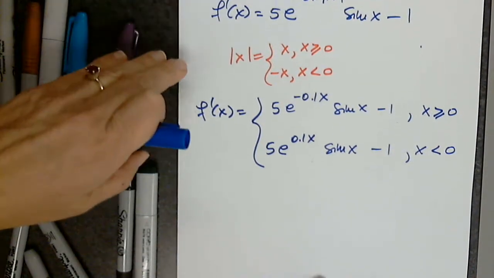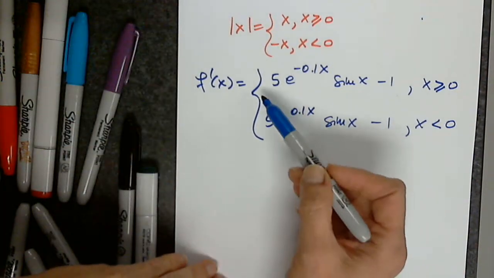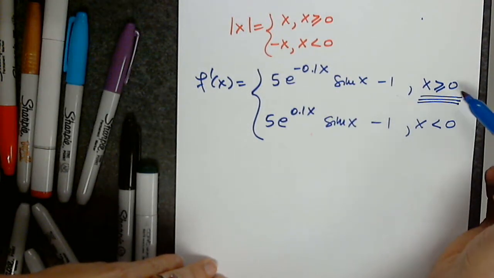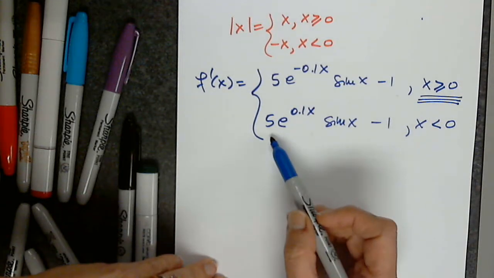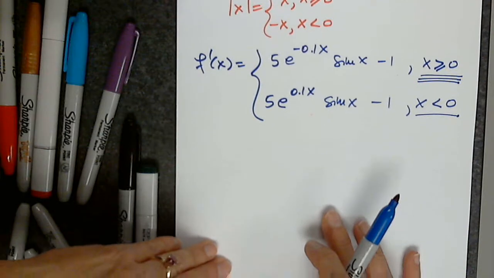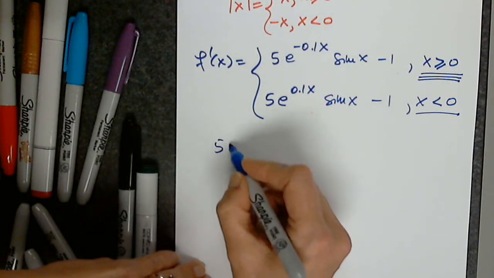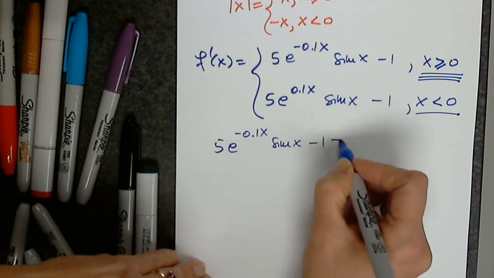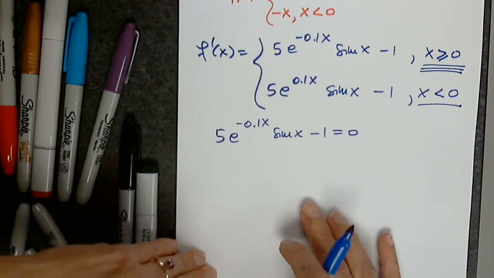Very good. Perfect. So now I will set this equal to 0 and hope to get something to the right-hand side of 0 as solutions. And then I will set this equal to 0 and hope to get a solution that is negative. So 5 e to negative 0.1x sine x minus 1 equals 0.